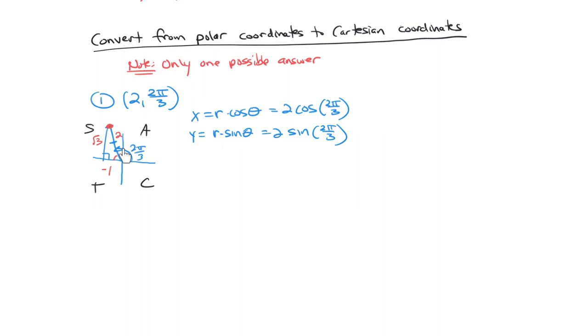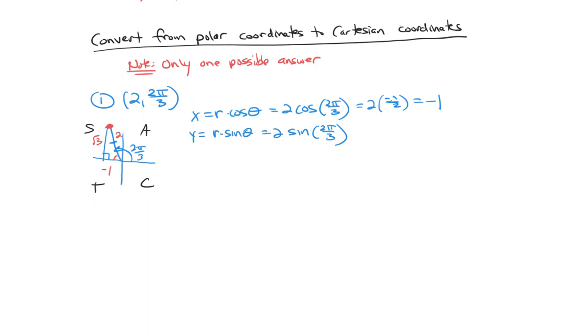And then when you do cosine of this angle, you go -1 adjacent over hypotenuse, so you get -1 over 2. However you were taught, whatever makes sense to you, you should end up getting -1/2 for this. So you get 2 times -1/2, which is -1.